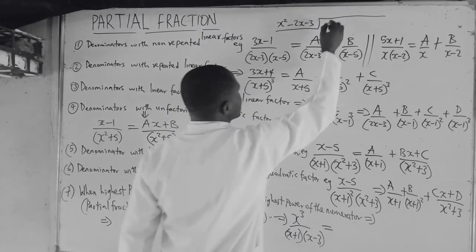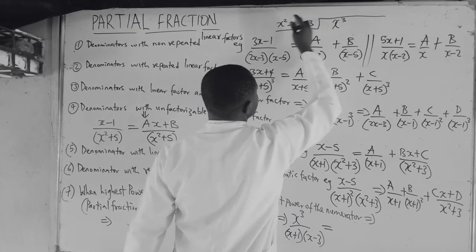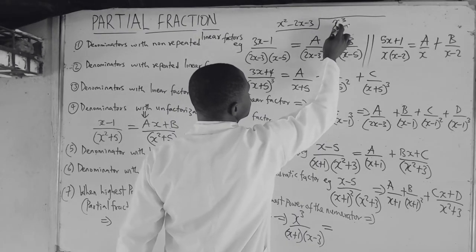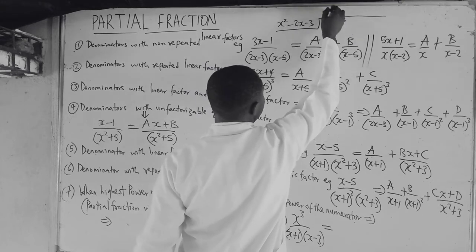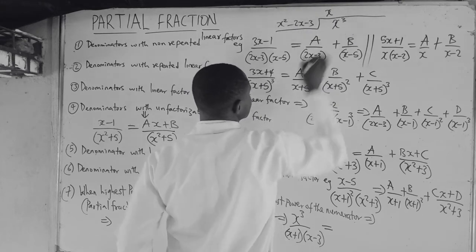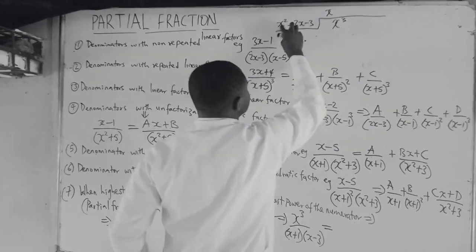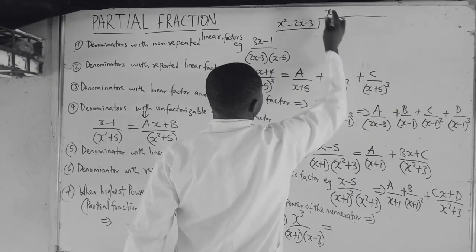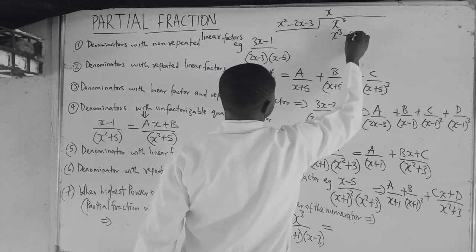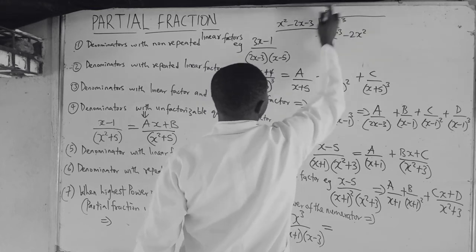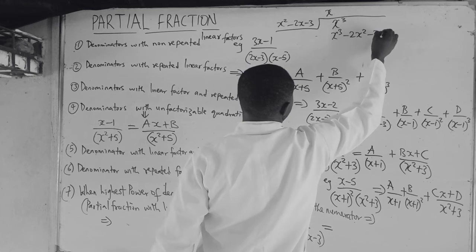Then we divide x raised to the power of 3. x cubed divided by x squared, you have x. x times this gives x cubed, x times this minus 2x squared, x times this minus 3x.